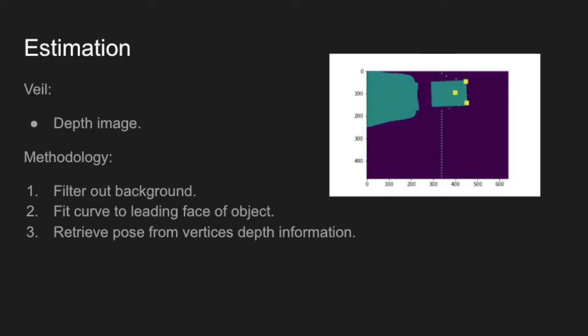Now, in Veil, we're trying to do a similar thing. However, we're focusing on the front-facing face of the object, which means that as an object is crossing from the left side of the curve to the right side, the curve is fitted to that front-facing edge. Those vertices in that edge are found, and then those are projected back to 3D space and the pose is extracted again.